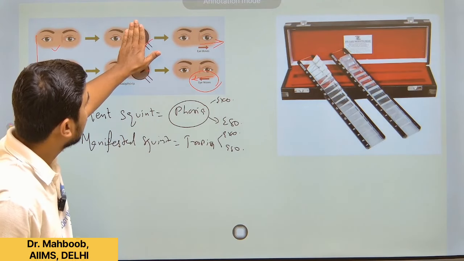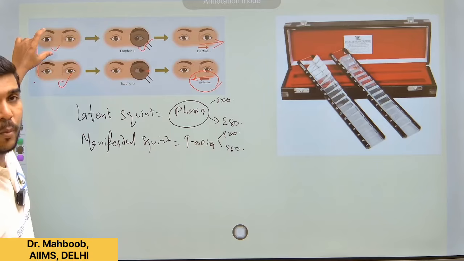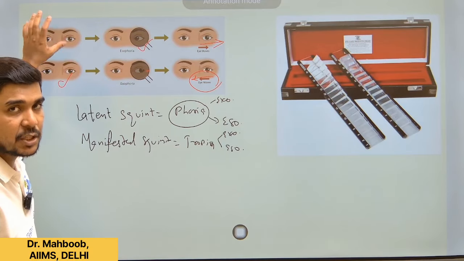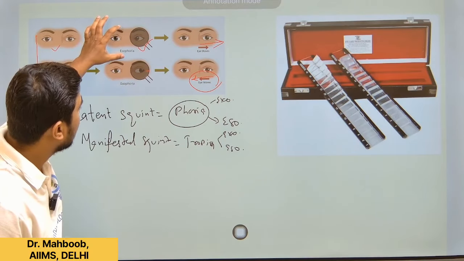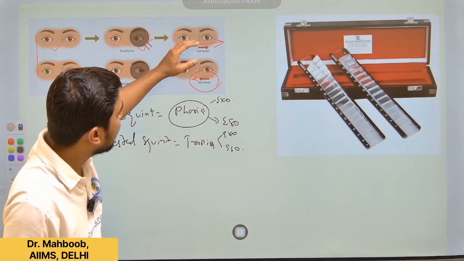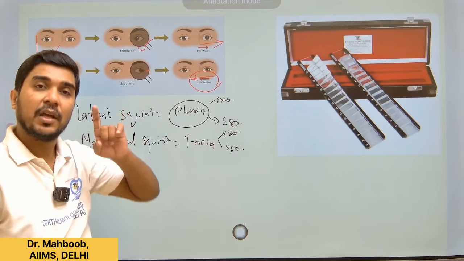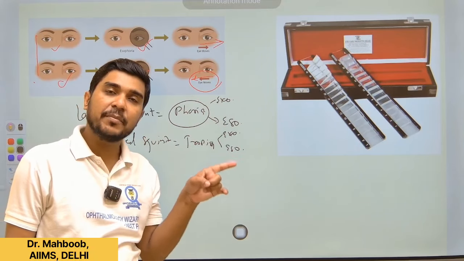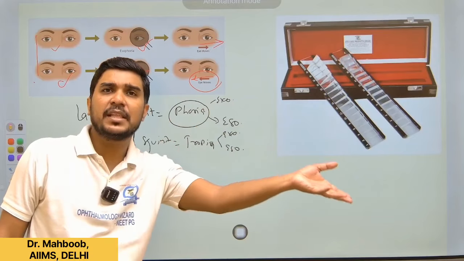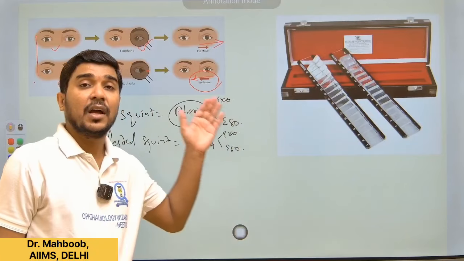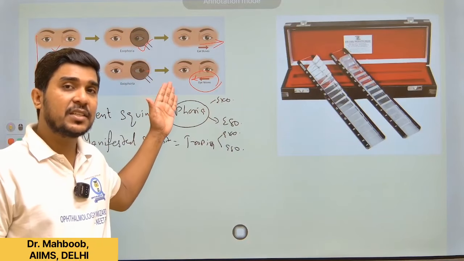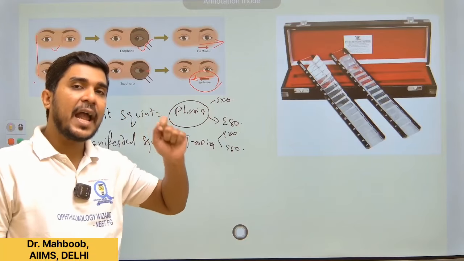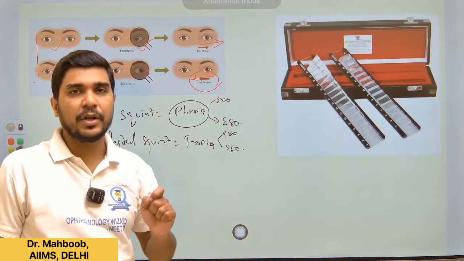See here, on covering nothing, normally no squint. Cover and on uncovering you will see some movement. There is a movement after uncovering, which means some squint may be there. That means this test will give you an idea of some latent squint.